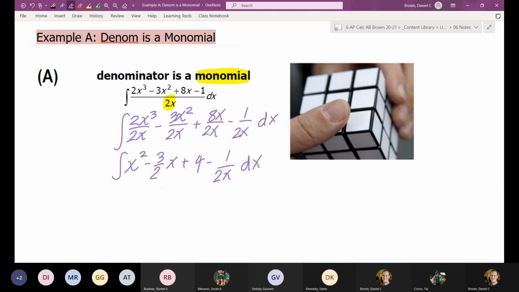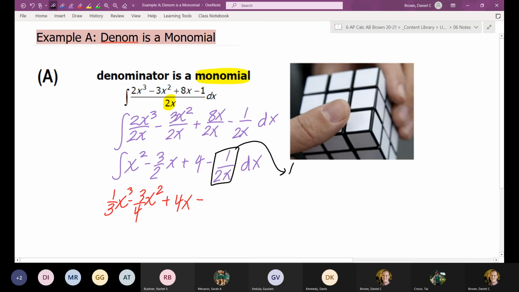From there, that looks very much like a problem you could have done on your test yesterday, except for that very last term, which we'll use our new rule on. For that first term, we have 1/3 x cubed. 3/2 is a coefficient, but x squared, divide by the new exponent. 4 turns to 4x. Minus, this last one is where that new formula is going to come into play.